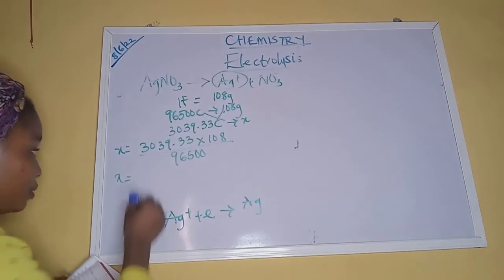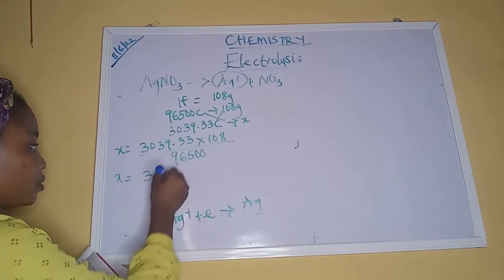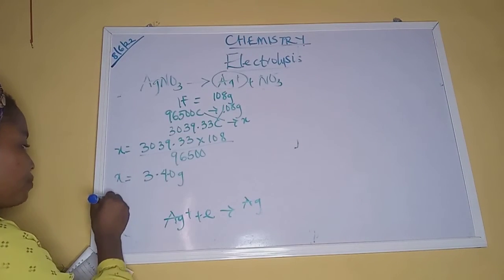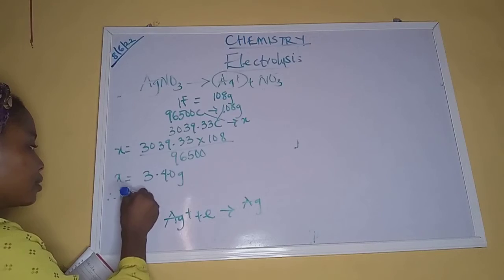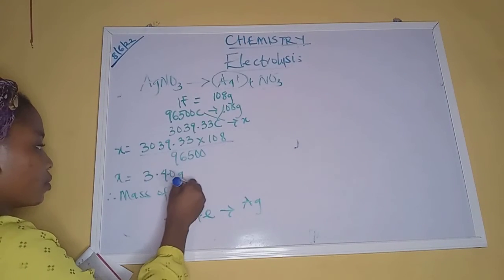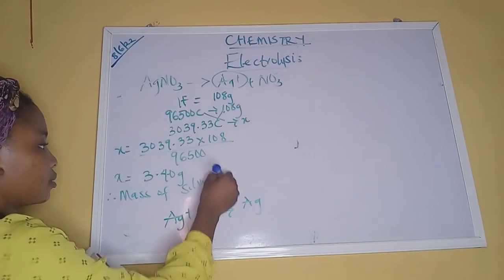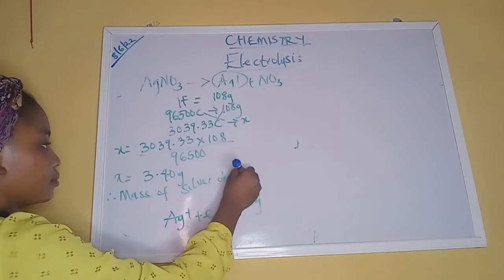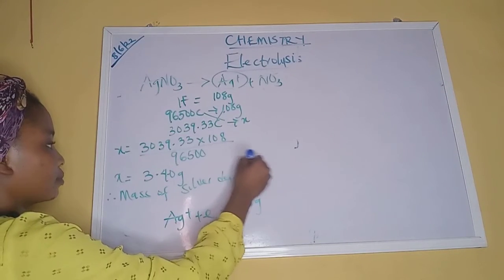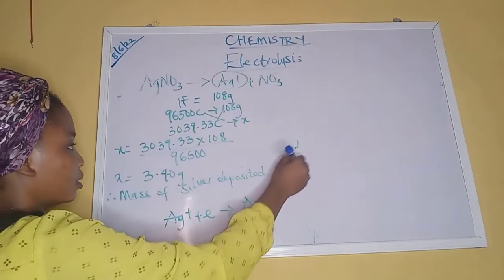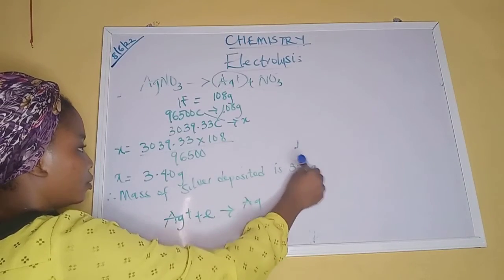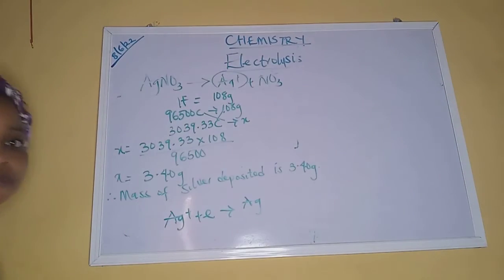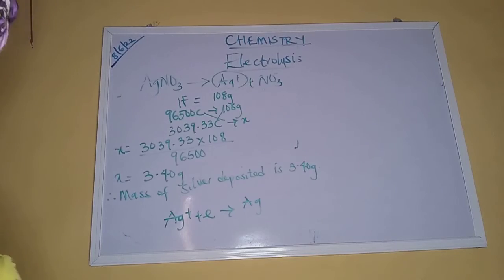Then when we divide, we have 3.40 grams. Therefore, the mass of silver deposited is 3.40 grams.